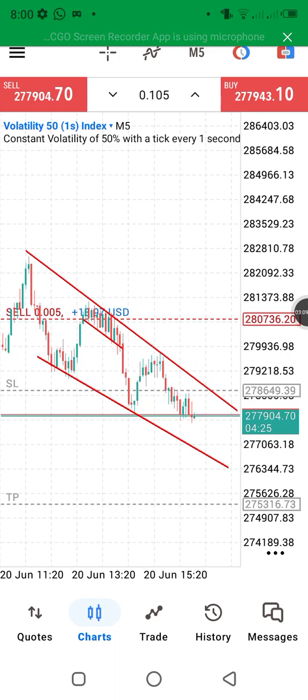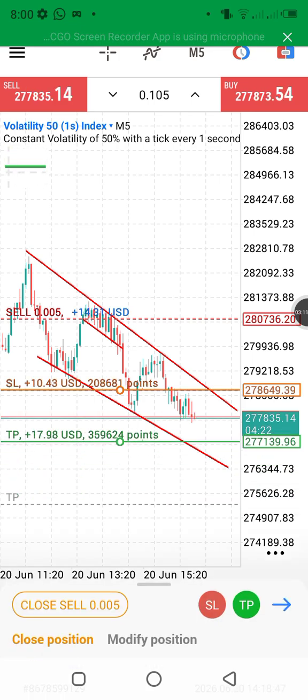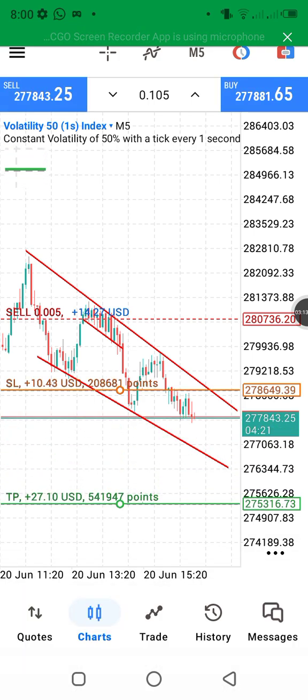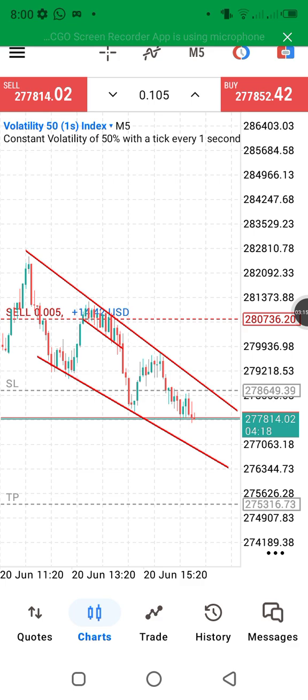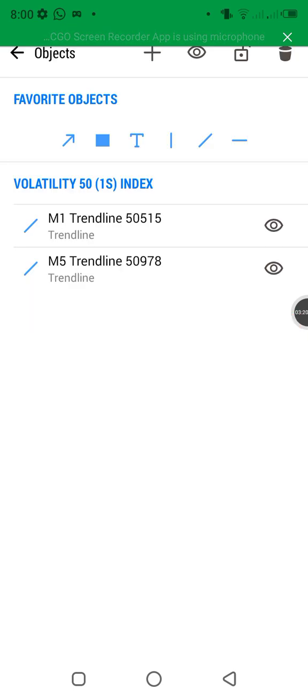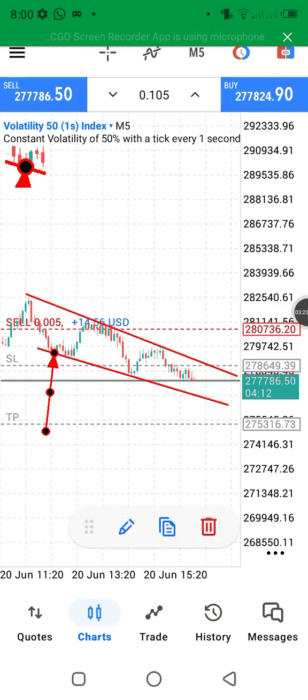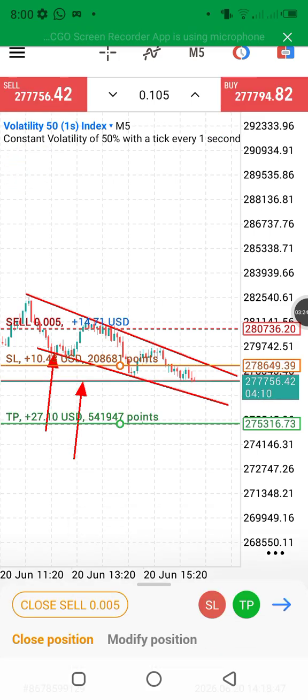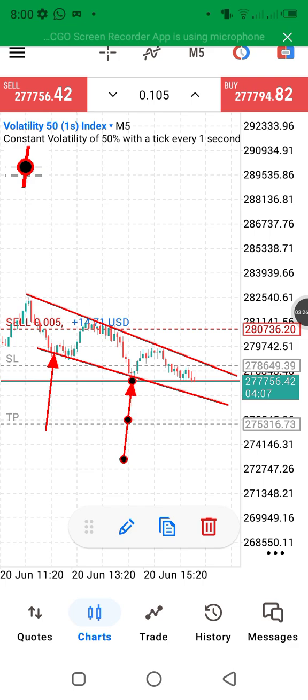In down channels, price will likely first touch the bottom before it pushes up, right? What I mean by this, let me first remove this. What I mean is that price first comes here, and then it comes here, right? That's the third time.